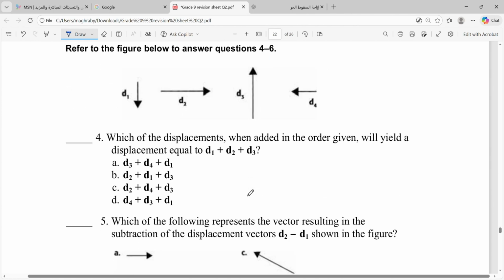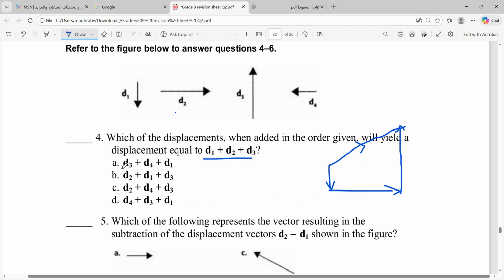Next one, which of the displacements when added in the order given will yield the displacement d1 plus d2 plus d3. So we have to draw this one, d1, this one. d1 plus d2, this is d2. d3, this is d3. So where is the resultant from this part to this part? This is the displacement.